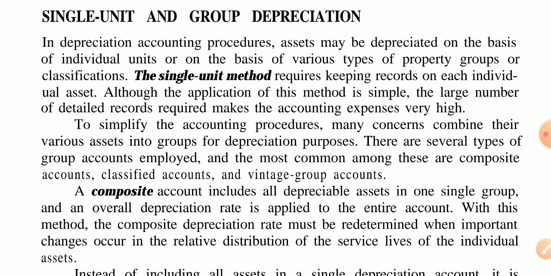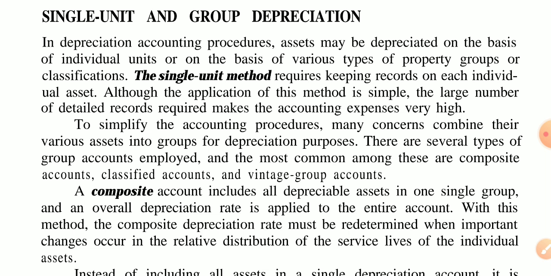To simplify the accounting procedures, one may combine various assets into groups for depreciation purposes. There are several types of group accounts employed, and the most common among these are the composite account, the classified account, and the vintage group account.